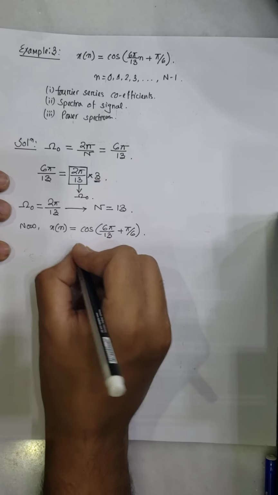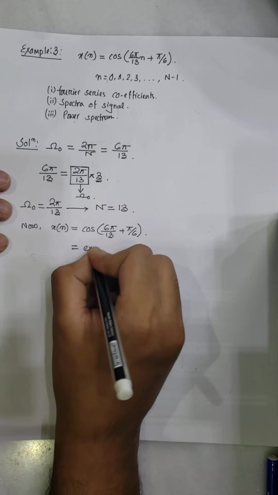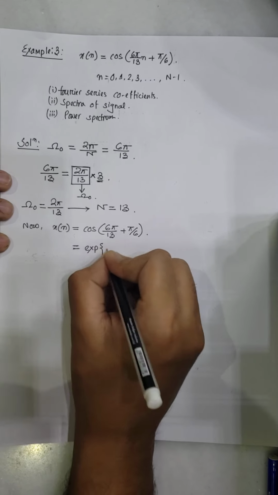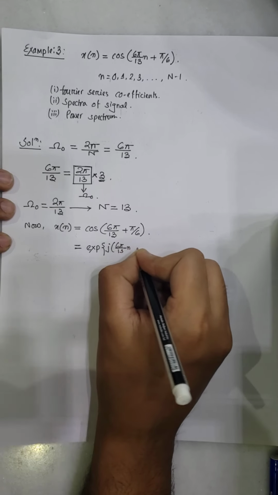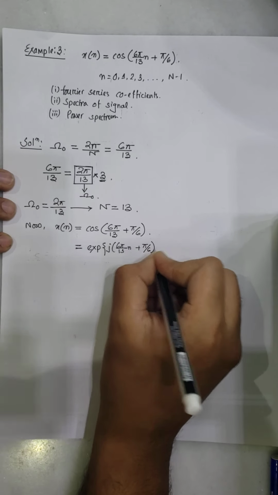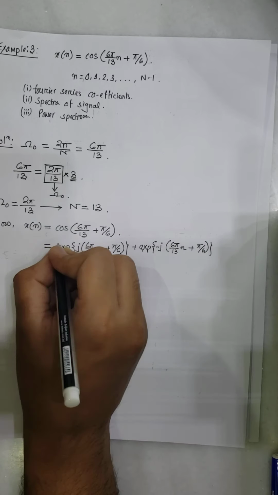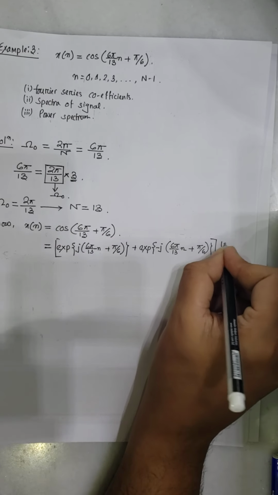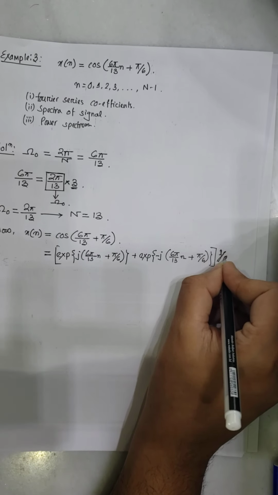This can be expanded using Euler's relationship, equal to e to the power j of 6 pi over 13 n plus pi over 6, plus e to the power minus j of 6 pi over 13 n plus pi over 6, which is wholly divided by 2.